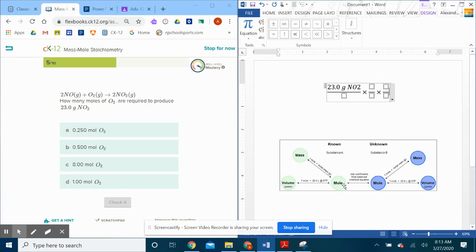So this tells you what you're going to be writing on the top of the fraction. Mass of NO2 is on top of the first. Moles of NO2 is on top of the second. Then on top of my third fraction is going to be moles of O2 because that's our unknown. Remember, that's what we're trying to find.